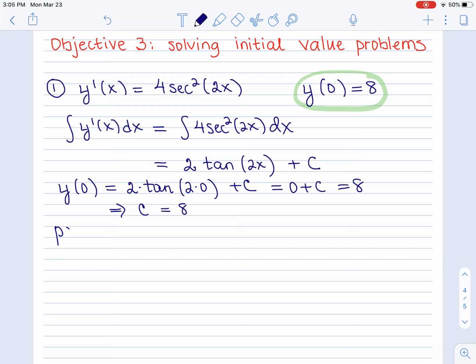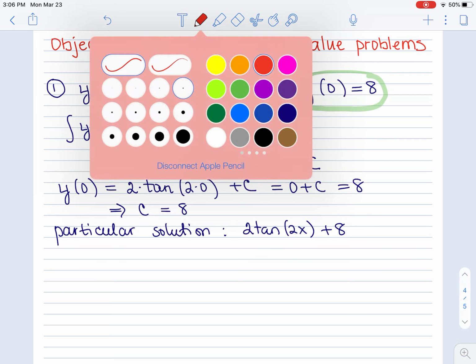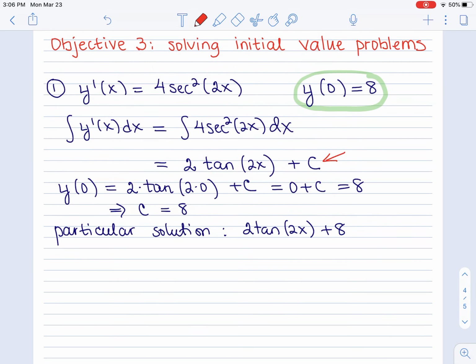So from here, c is equal to 8. So our particular solution for this differential equation is 2 tangent of 2x plus 8. This expression right here is the general solution, and I don't mean just the c, the whole expression.